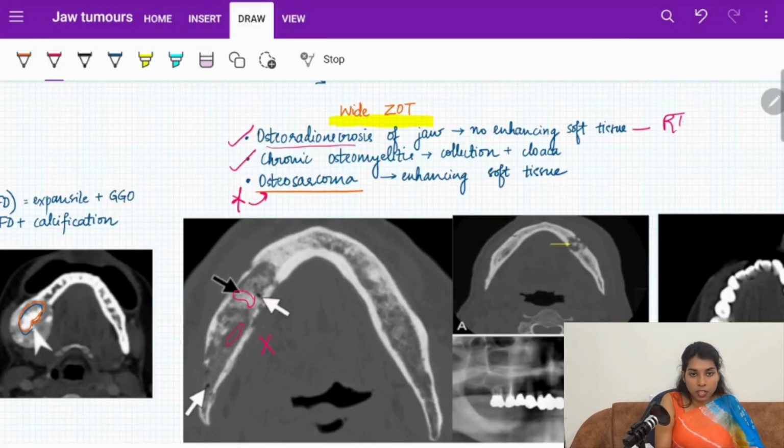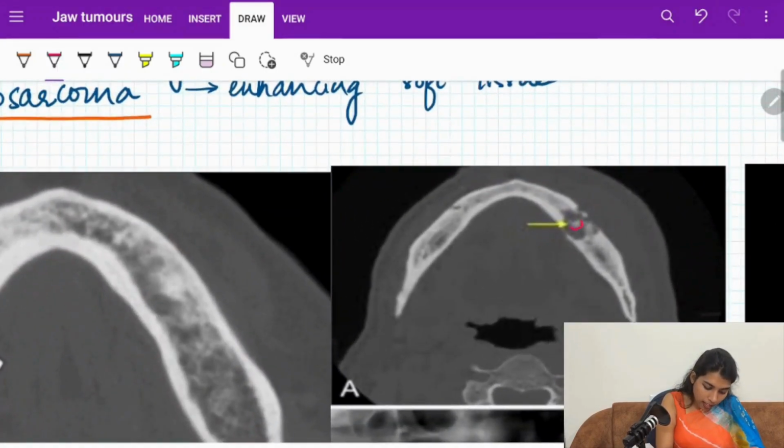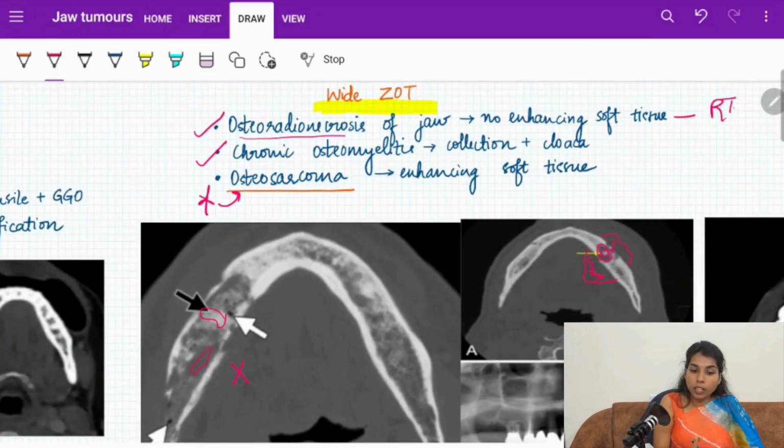Again, you'll have a history of a patient coming with a toothache, and chronic osteomyelitis typically will have a sequestrum, an involucrum followed by a cloaca, and in soft tissue window, you'll see an associated collection. These two are considered the mimics of osteosarcoma: osteoradionecrosis of the jaw and chronic osteomyelitis.